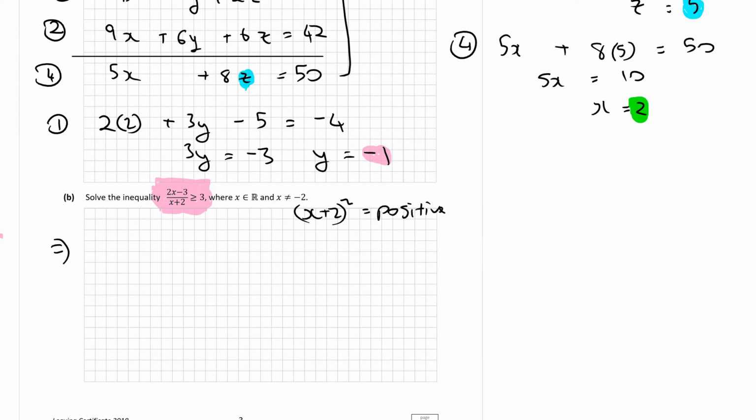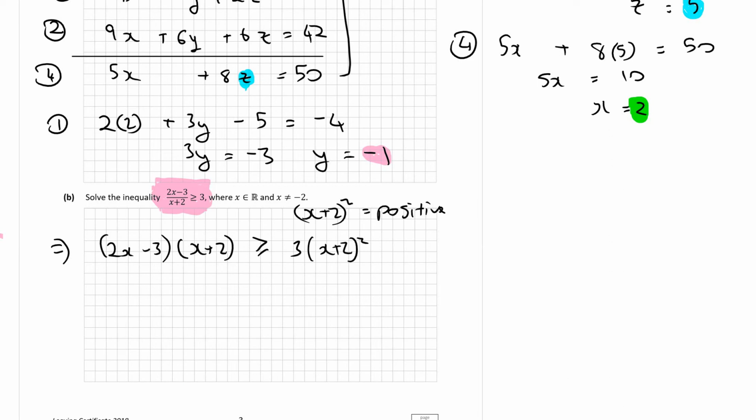If I multiply the left hand side by x plus 2 squared, I end up with 2x minus 3 times x plus 2 squared divided by x plus 2. And that just cancels out one of the x plus 2. So I'm essentially just left with x plus 2 here, less than or equal to 3 times x plus 2 squared.